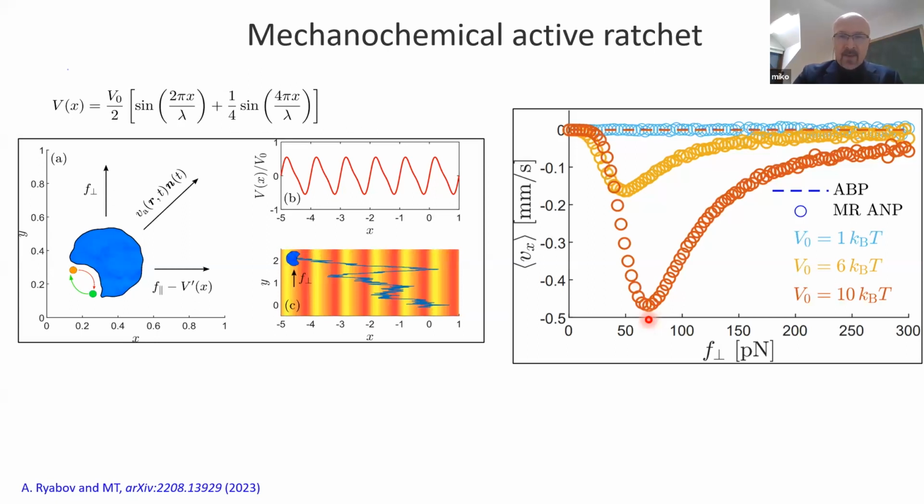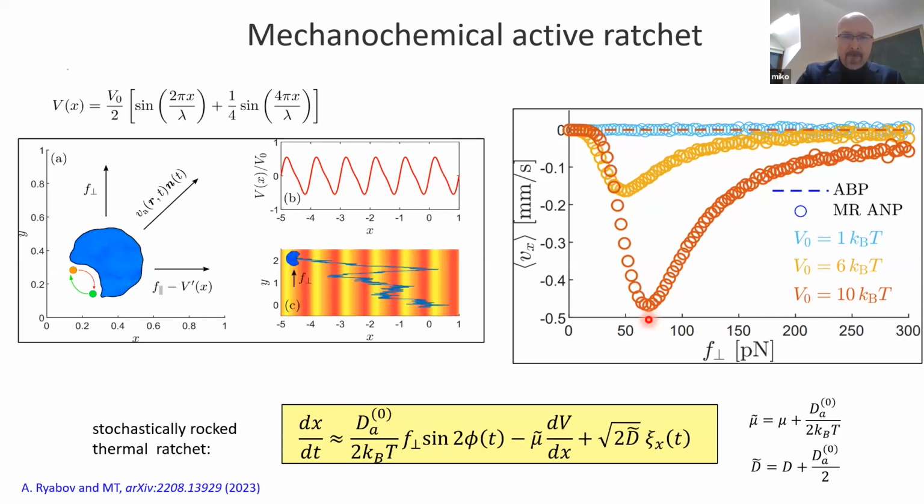So how can we rationalize this result? It turns out that our active nanoparticle model can be mapped onto a much simpler case, a passive Brownian particle. This equation represents a Langevin equation for the coordinate x of the passive Brownian particle, which is, however, subject to a stochastic force.